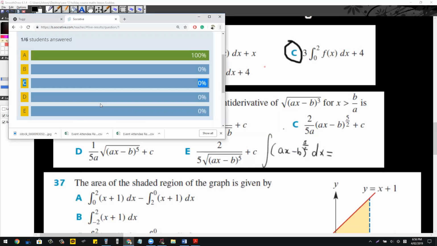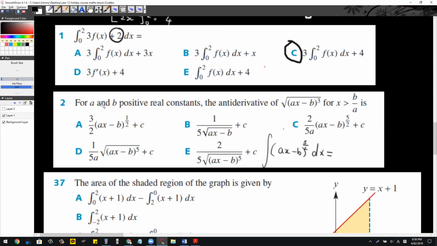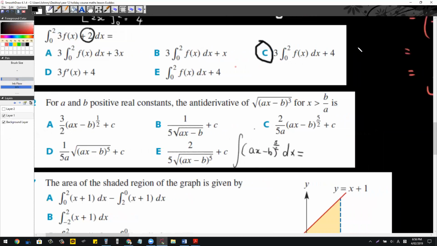Okay, so the answer is, okay, one person is saying A. So you just have to use the anti-chain rule, remember? I'll give you some clue, right?